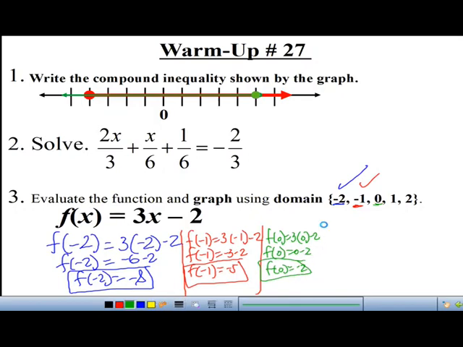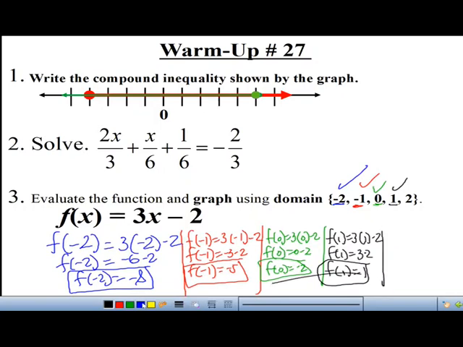From there, I'm done with that one. Next is +1. So I'm at f of 1 equals 3 times 1 minus 2. F of 1 equals 3 minus 2. F of 1 equals 1. I'm done with that one. And then the last value in the domain is 2.